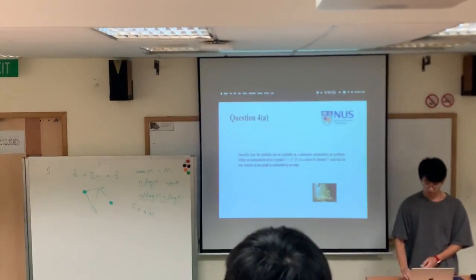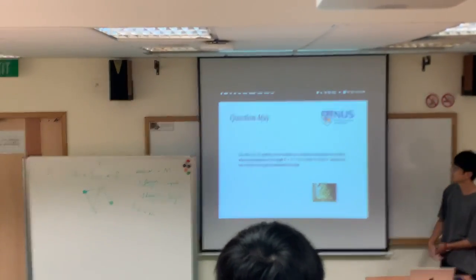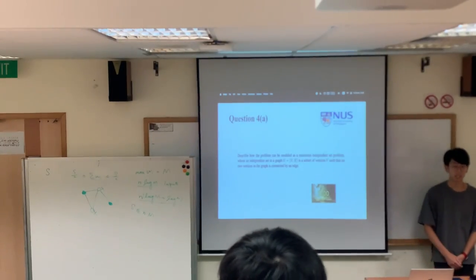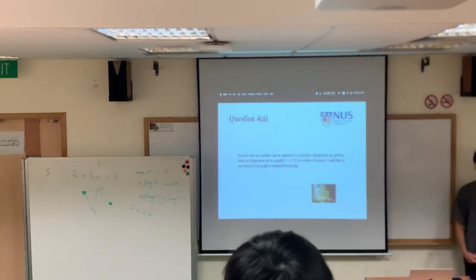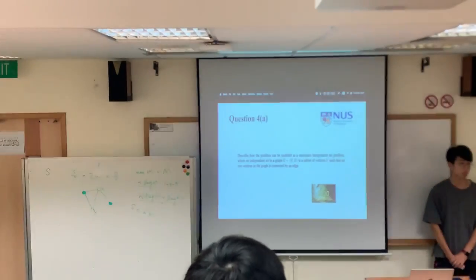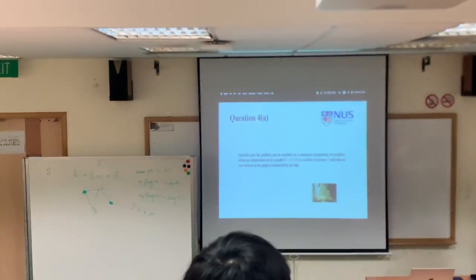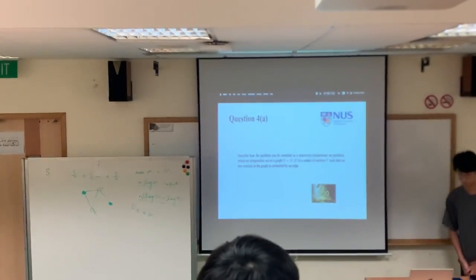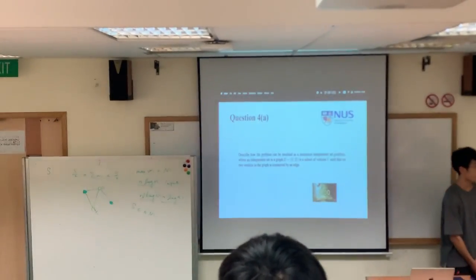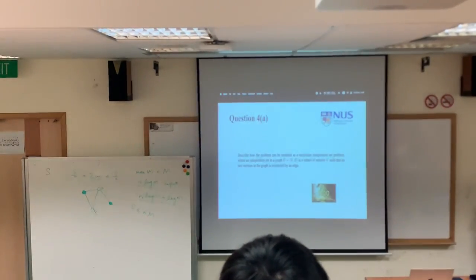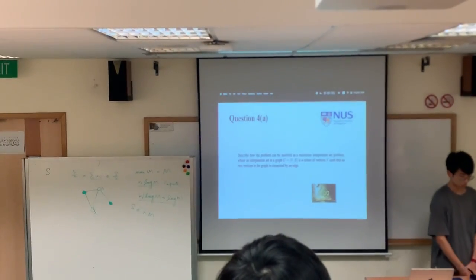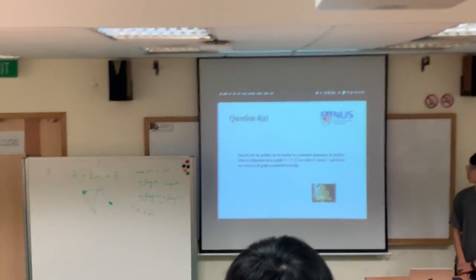And in this independent set problem, we still want to find the maximum number of vertices such that each pair is not connected by an edge. Right. Any idea?